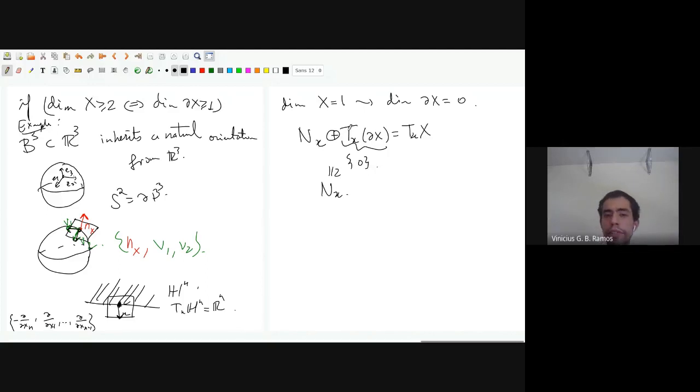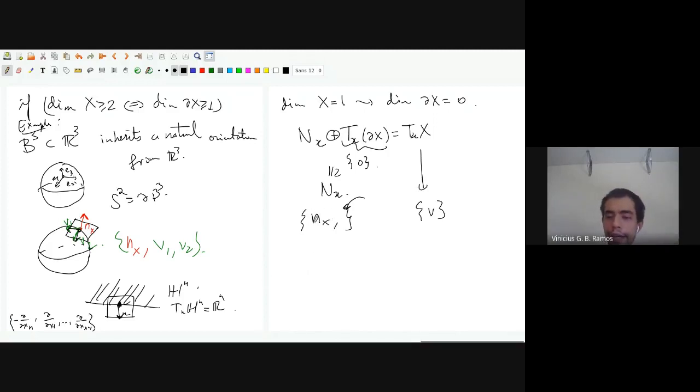But what you can do, which is in a way basically the same, is you can try to complete a basis for Tx with an element of the basis, which is the empty set. So it's like doing nothing. And you can compare this. You can say, well, if I do nothing, do I get the oriented basis of this guy that comes from the orientation? And the answer can be yes or no.